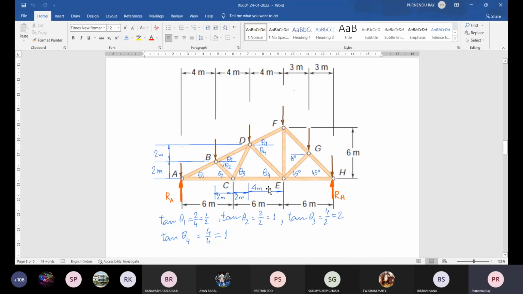Suppose a giant scissor, you cut it and consider either the right hand side or the left hand side, and consider its equilibrium individually. Instead of the joint forces, you have to show the member forces.